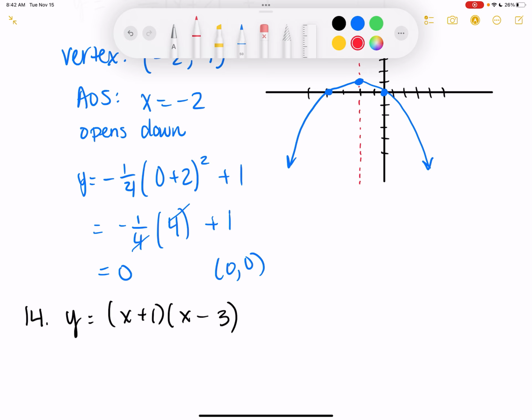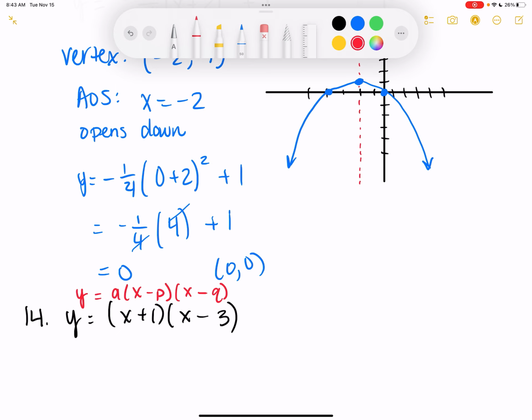Now remember, intercept form is y equals a times x minus p times x minus q, and that gives us our intercepts. Our intercepts are opposite of whatever the sign is that's here. These ones first want you to give the intercepts because that's how we're going to graph them. We're going to graph it with intercepts, and then you have to find the vertex, which is also where your axis of symmetry is going to be after that.